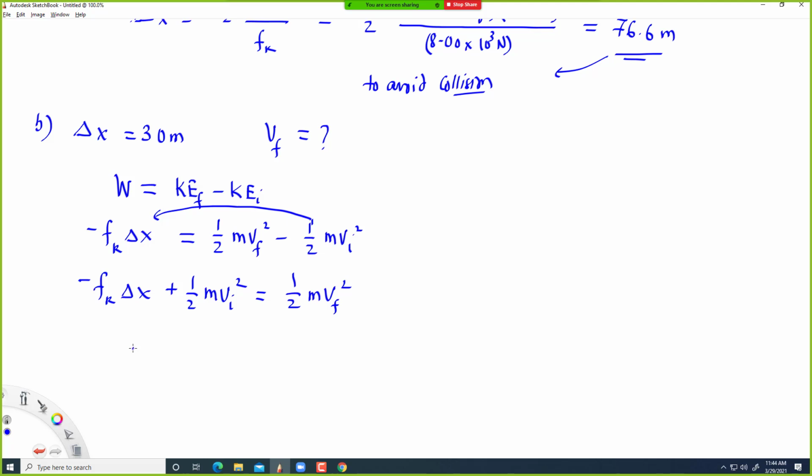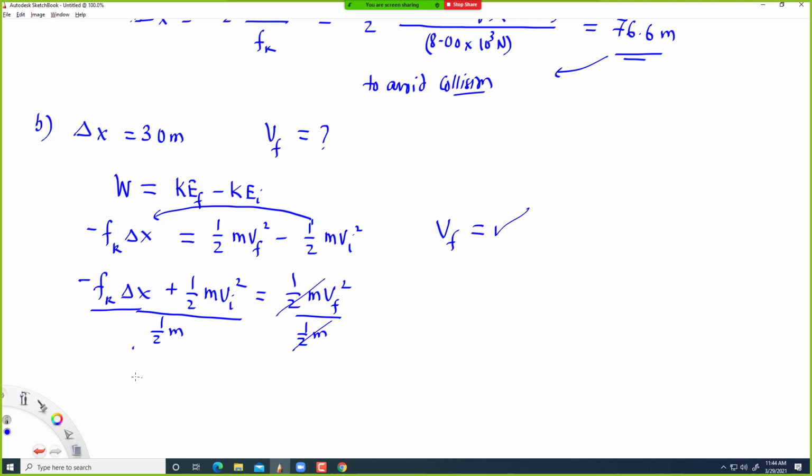Or if you like, you can plug in the numbers and then find Vf from here. Or I can just first write the expression for Vf and then plug in the values. So how do I get Vf on this side? Divide both sides by 1/2 m, so cancel 1/2 m and 1/2 m.